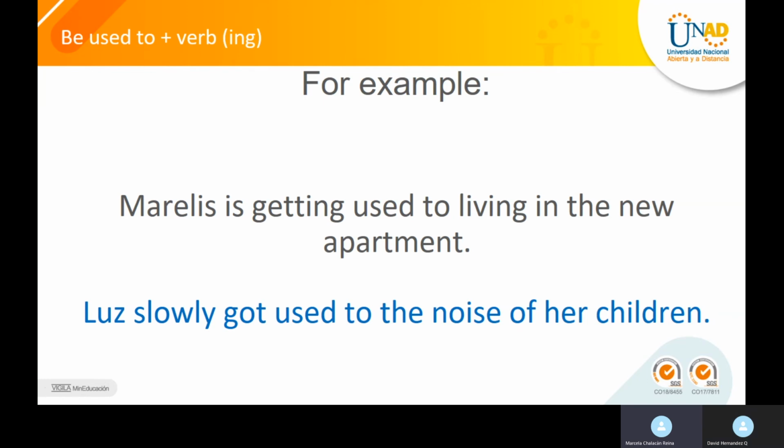So maybe what we can do there with another verb would be like Luz slowly got used to the playing of their children. Verb with ing or a noun in general. Good.